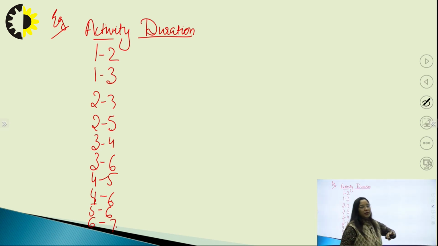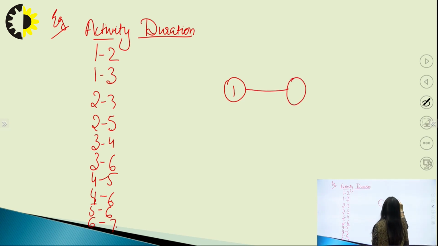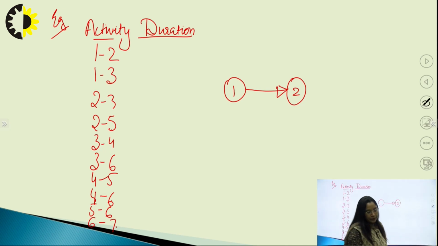Now, what is an activity? An activity is actually the time between two events. An event is denoted by a node, and these are two events, and they are connected by an arrowhead which only flows from left to right. Now, we will make this whole network.